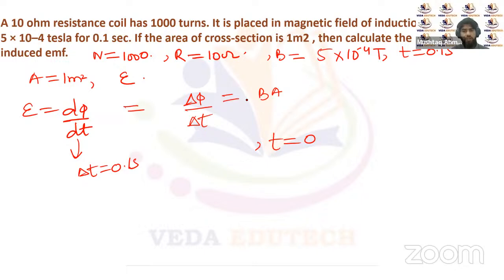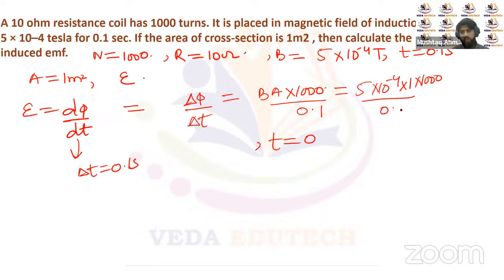So there are 1,000 turns. We'll multiply it with 1,000 here, right? The magnetic field is given, and the cross section area is given as 1, and delta t is 0.1 second. The magnetic field is 5 into 10 to the power minus 4 into A, that's given as 1 meter square, and there are 1,000 turns in it, upon 0.1, right?